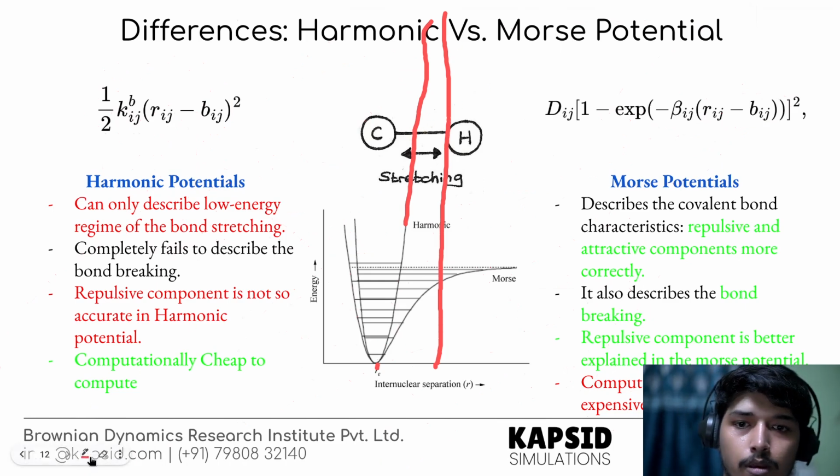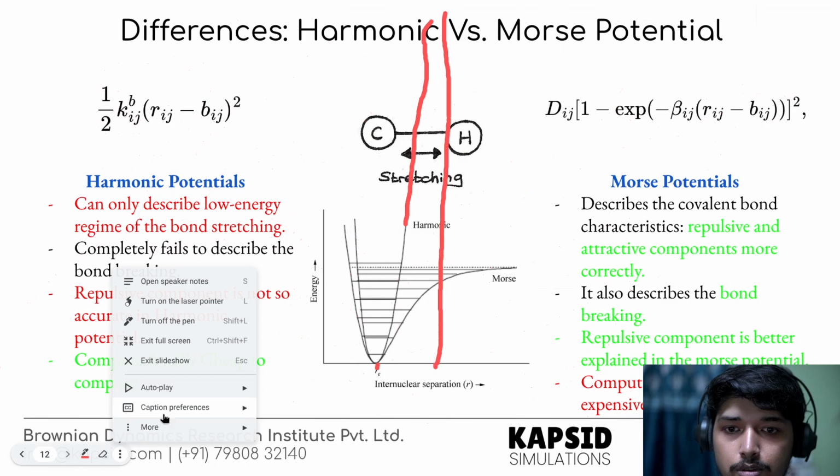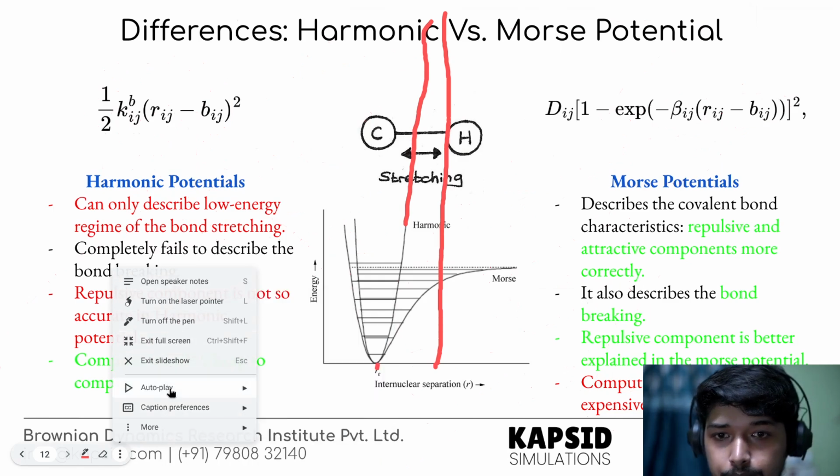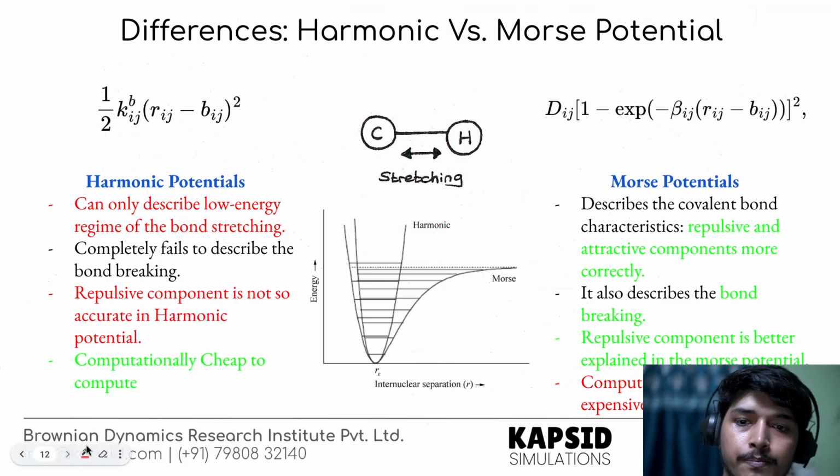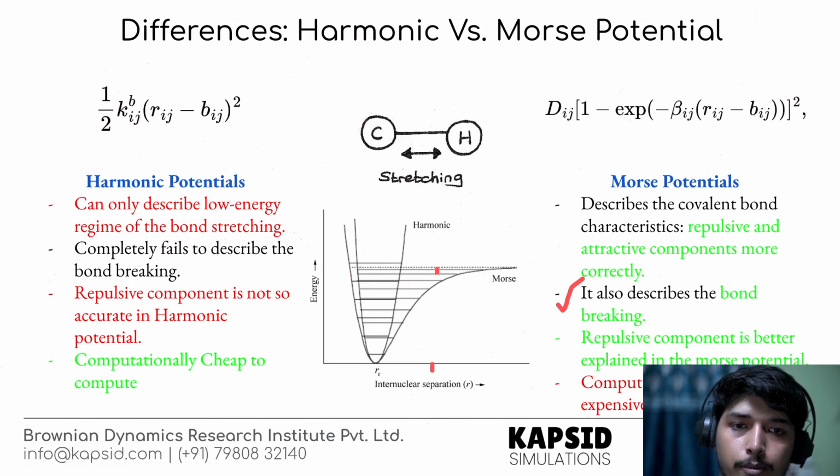Now, let me just clean it first. Erase all. Okay. Now coming to the second part, which is Morse potential. Morse potential can describe bond breaking pretty well. So for example, if we go double the bond length and we put a straight line up here to find what will be the potential, this is the point of intersection.